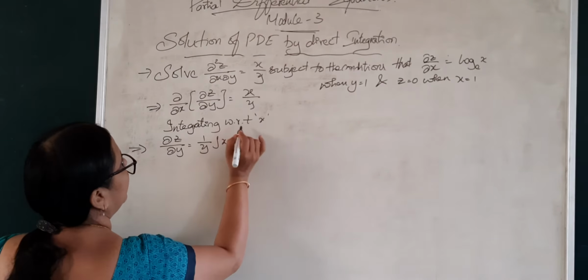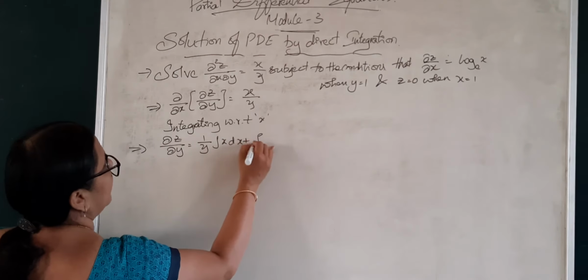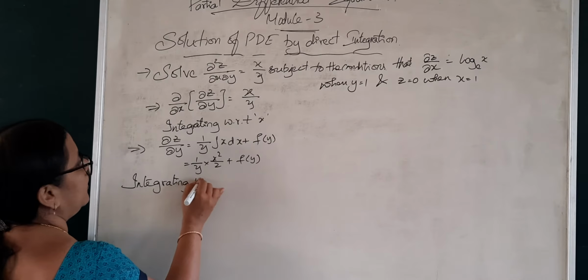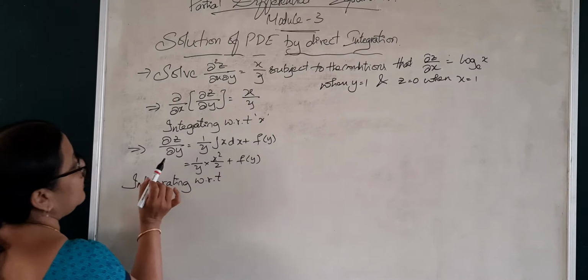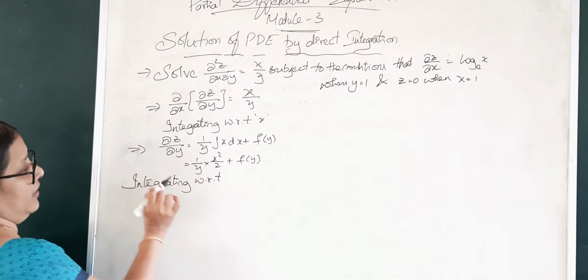What is the other variable here? Y. Therefore f of y. Now what is the integral here? 1 by y, as it is, integral x is x square by 2 plus f of y. Now once again integrating with respect to the variable here, y. Therefore to get rid of dou by dou y, you have to integrate with respect to y on both sides.